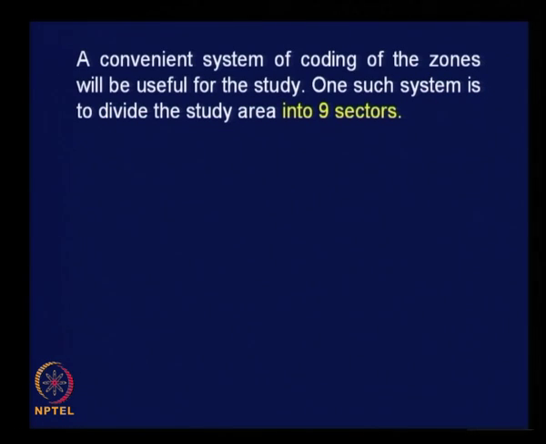A convenient system of coding of the zones will be useful for the study, obviously. One such system is to divide the study area into 9 sectors first. Divide the study area into 9 sectors, numbering the sectors starting from 0 to 8, within the external cordon line, and number 9 is reserved for the space outside the external cordon line.